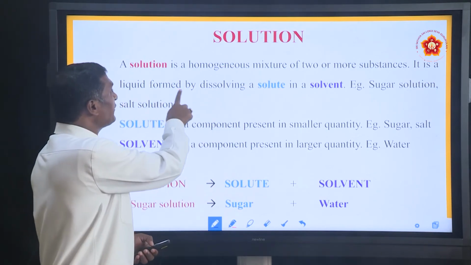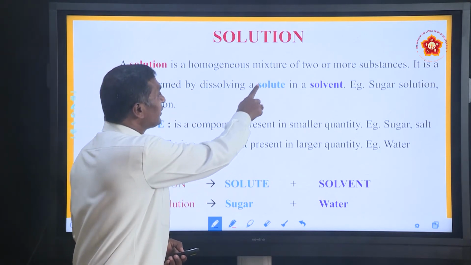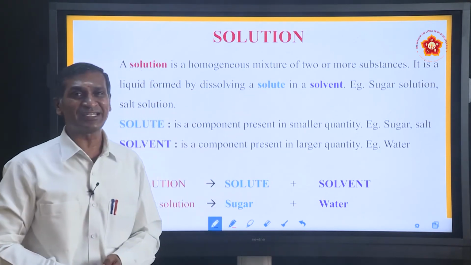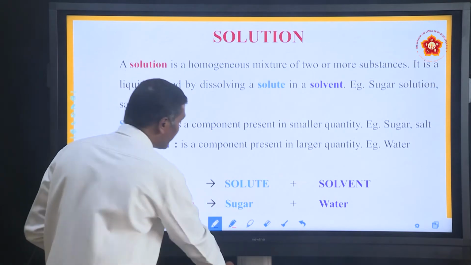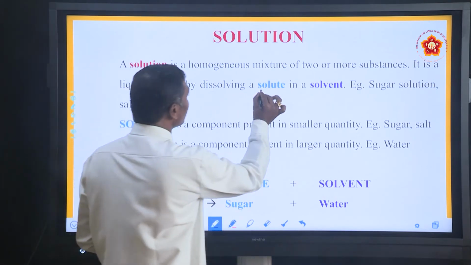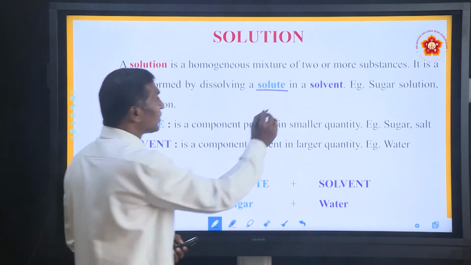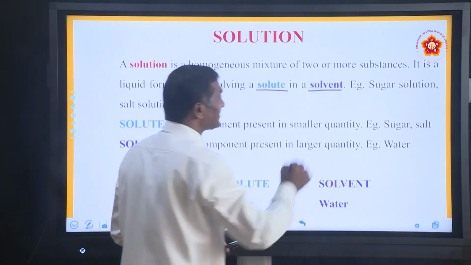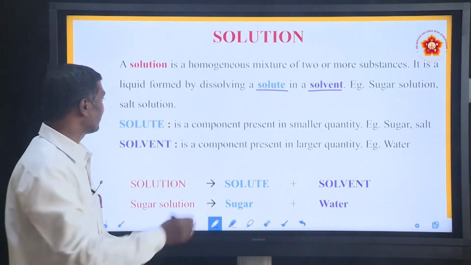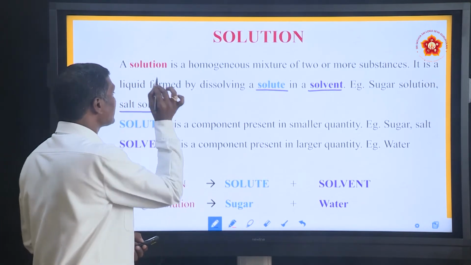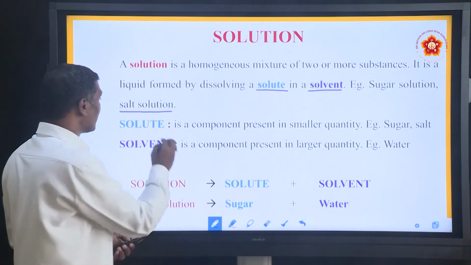It is a liquid formed by dissolving a solute in a solvent. Dear students, observe the words. A solution is formed by dissolving a solute in a solvent. Sugar solution or salt solution is an example.